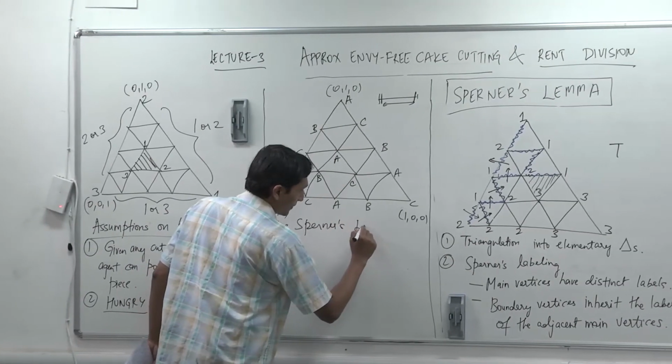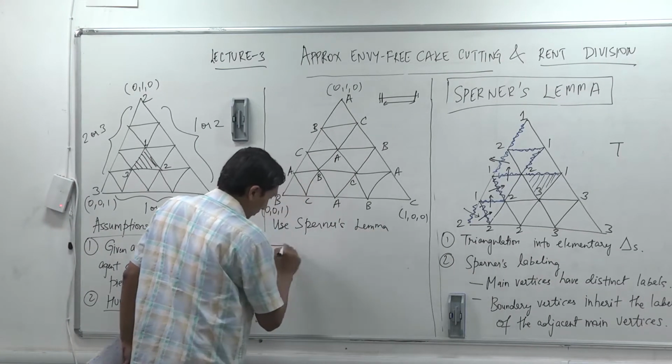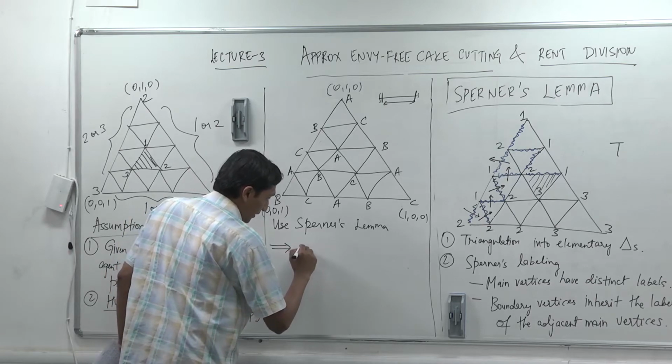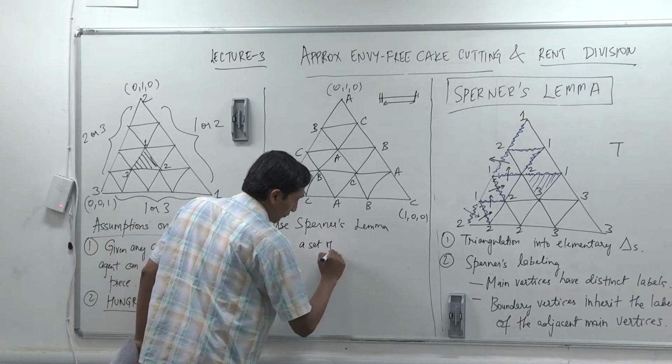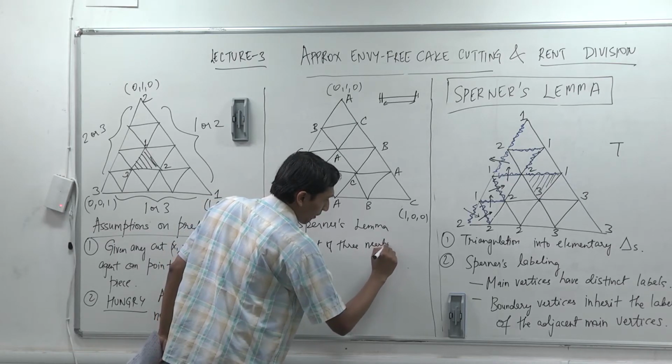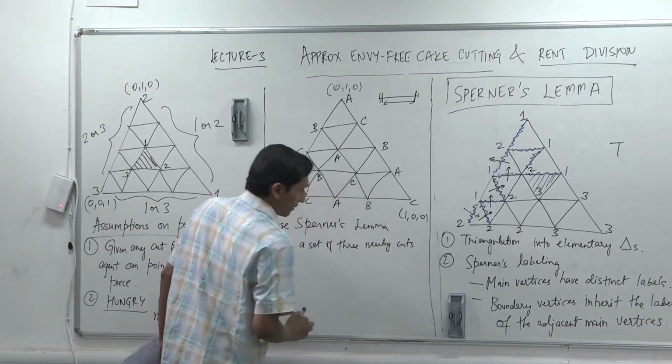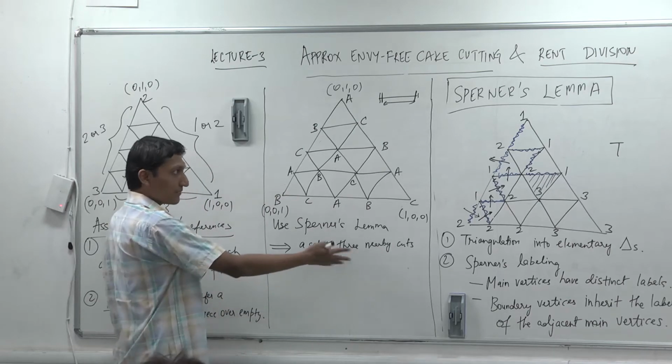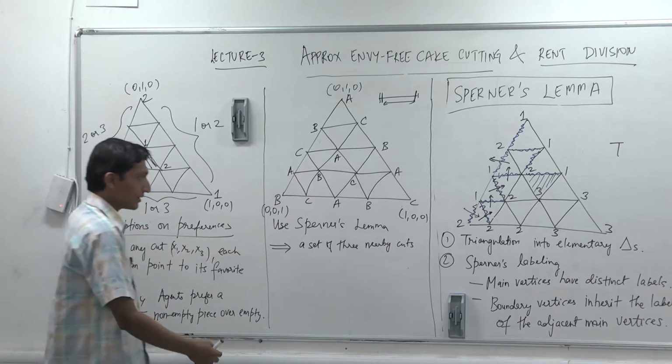So use Sperner's lemma. What we are guaranteed is that a set of three nearby cuts. I'm using the word nearby very loosely because I haven't defined the notion of nearness yet.